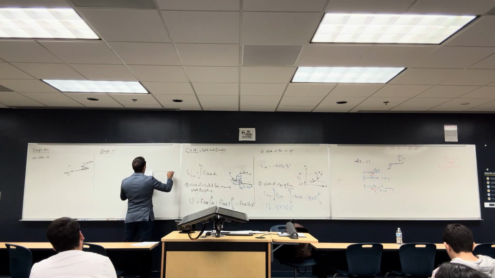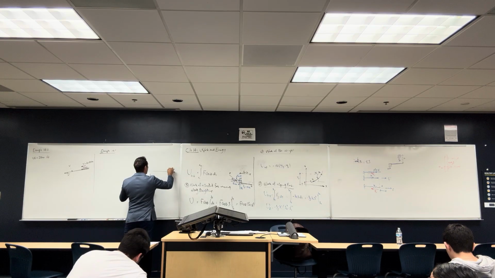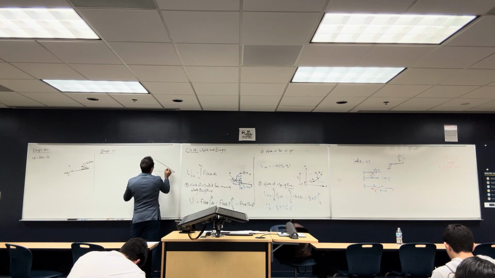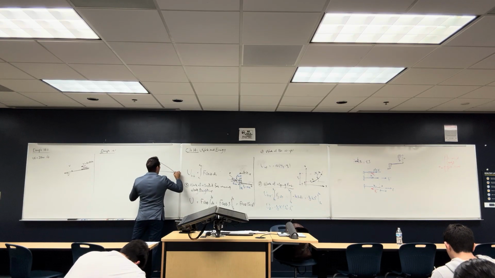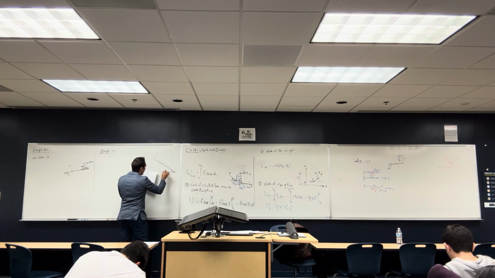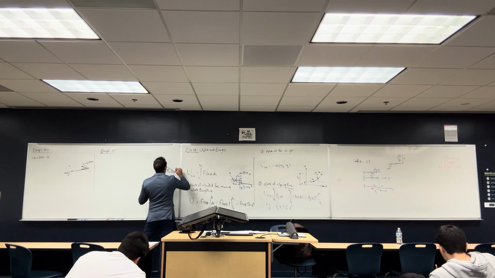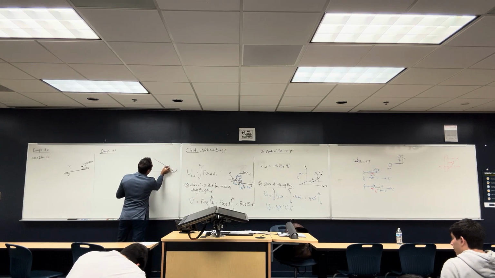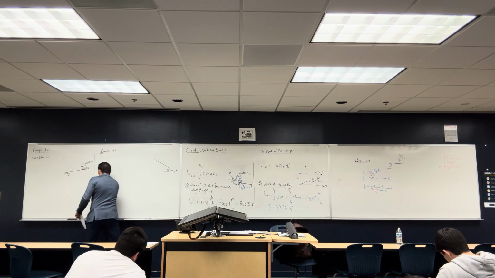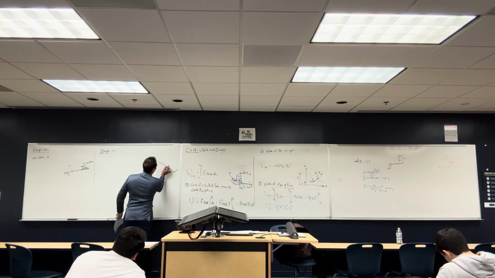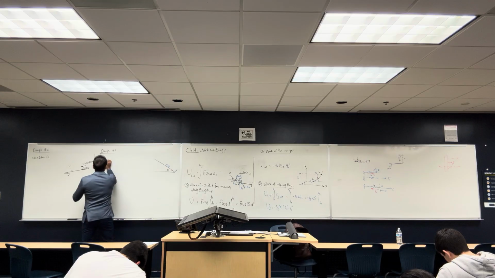It says that you have an inclined surface, and this surface is inclined by angle 30 degrees, and you have a body here, like a crate or something, and this crate has a mass M. This mass is equal to 10 kilograms.